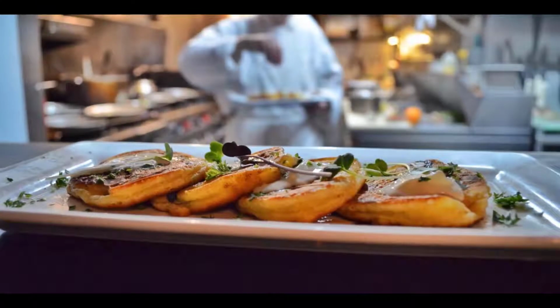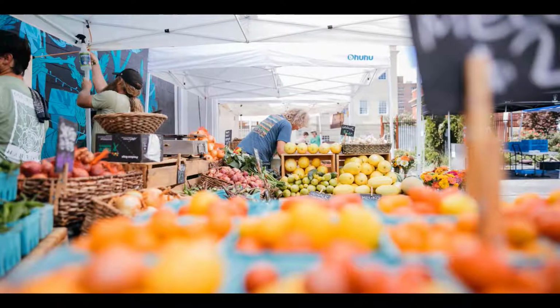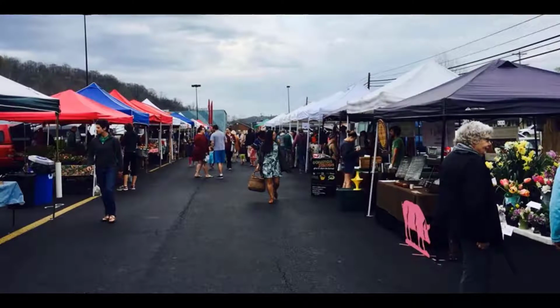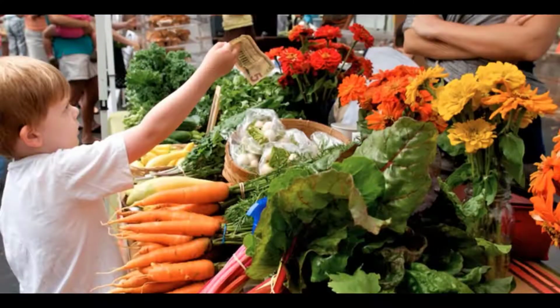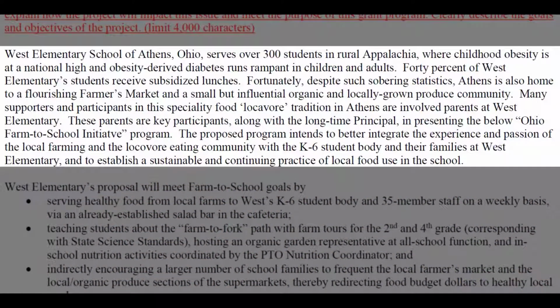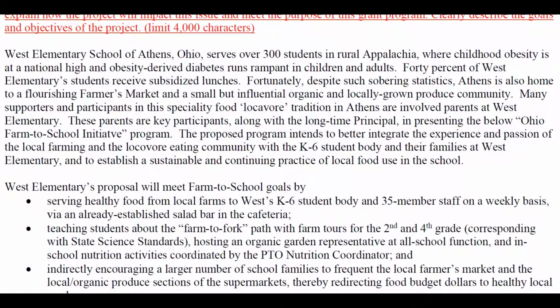Restaurants serve local foods, growers produce local foods, and there is a vibrant farmers market. Some of the participants in the farmers market had children and friends at the school. Therefore, the connection of this need and this particular opportunity with local foods was the topic of the grant under discussion.